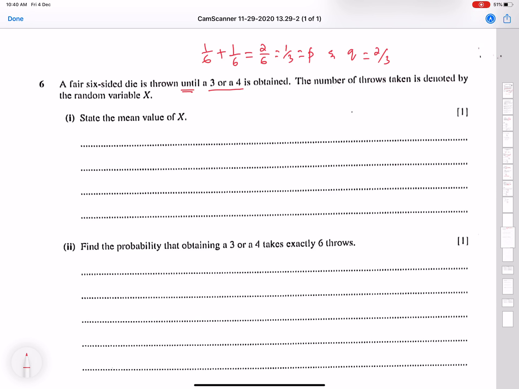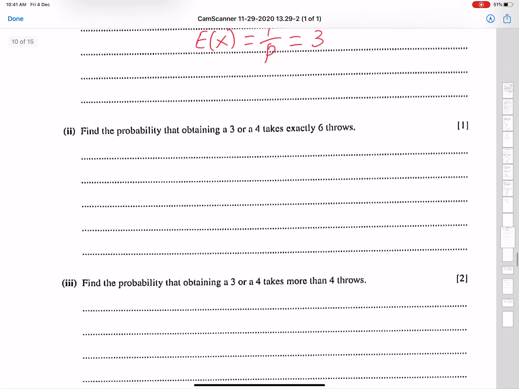State the mean. So the formula of mean is 1 upon p. That means the reciprocal of p. So 3. Since p is 1 upon 3, therefore expectation mean is 3. Part 2, find the probability that obtaining a 3 or a 4 takes exactly 6 throws. Well, this is very simple.